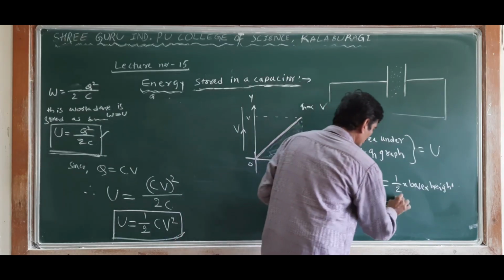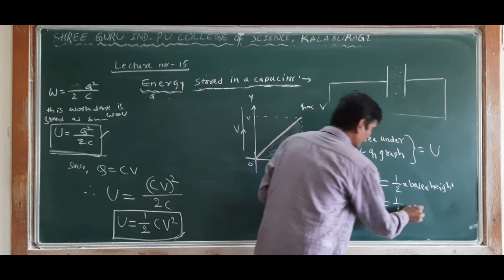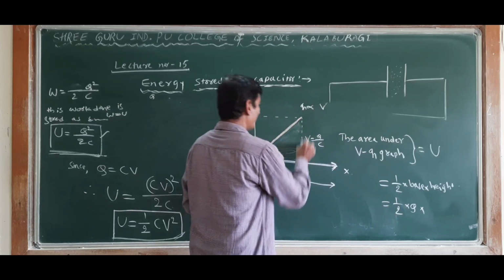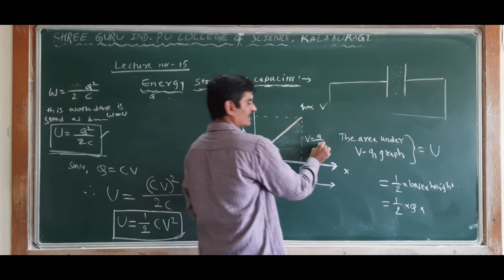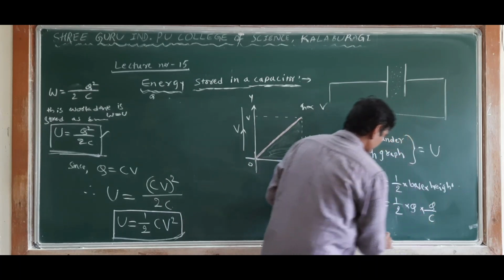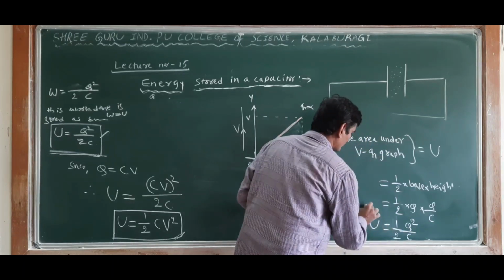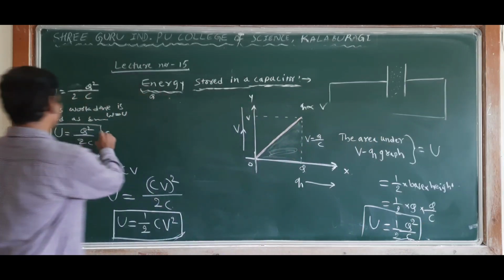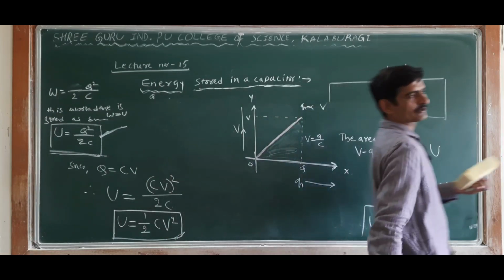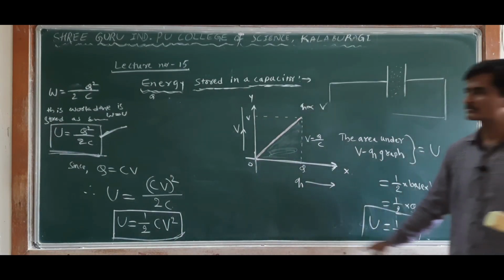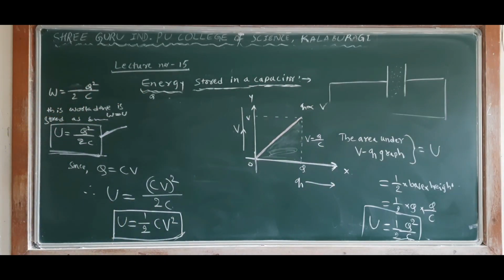Base is from 0 to capital Q, that is Q. Height is the total potential, which is Q divided by C. So you will get 1 by 2 Q square divided by C. This area is the same as the energy stored in the capacitor. Understood? That's for your understanding.